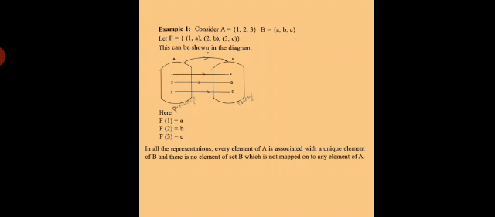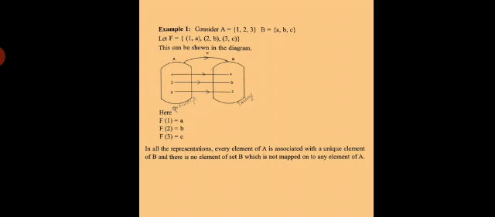Now clearly they have taken ordered pairs, that is, mark from 1 to a, 2 to b, 3 to c. Then write A to B, draw one arrow and write f over there: A is a function to B.